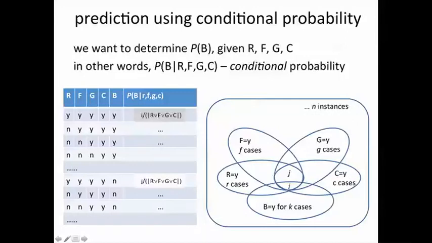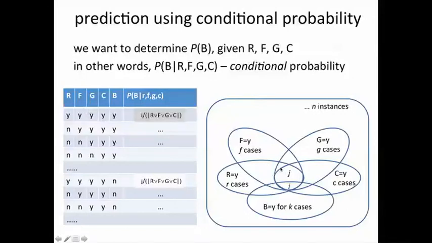The denominator is the set of all transactions which actually had a yes for R, F, G, and C. So it's R plus F plus G plus C. So this becomes the conditional probability of a buy given R, F, G, and C are all yes.